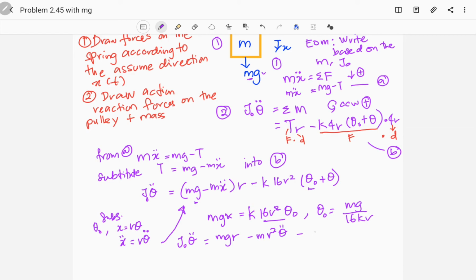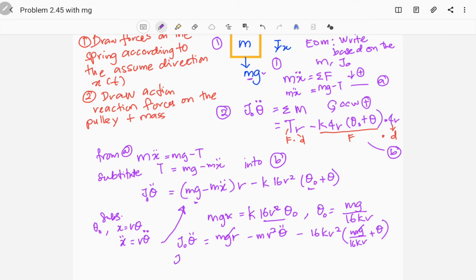Minus your k, 16k r square, then you will have theta naught will be mg over 16 kr, plus your theta. So you can see there's the mg term here where you can minus that. So your mgr here minus, you will be left with mgr.